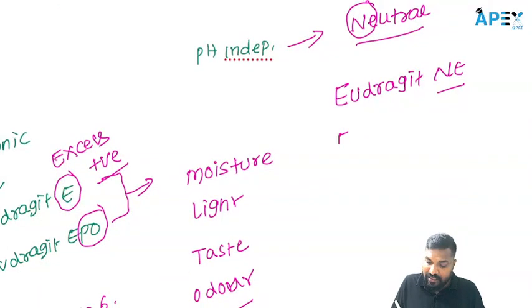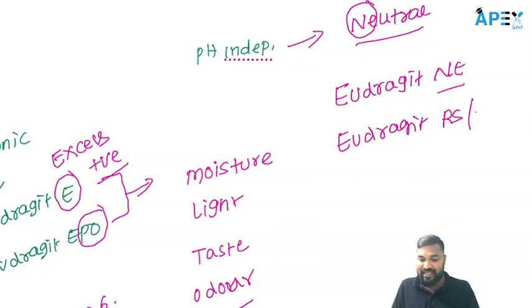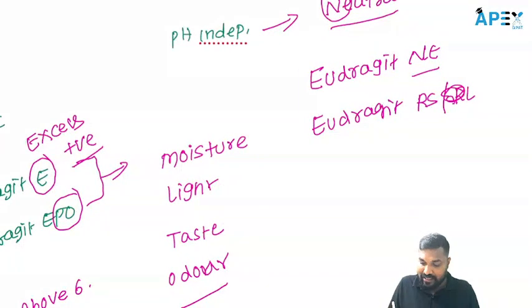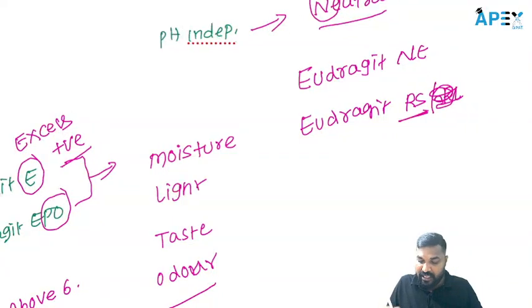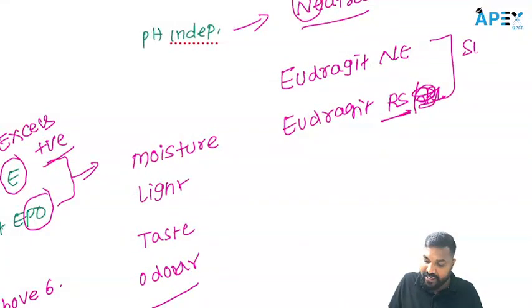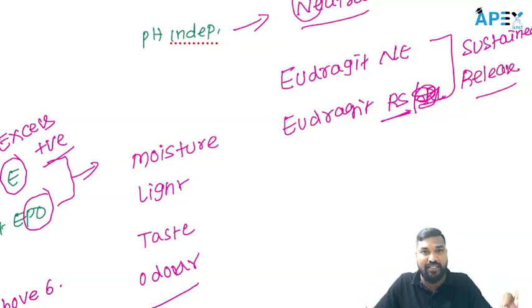Or else their name contains Eudragit RS or RL. Mainly remember RS, that is for sustained release. Eudragit NE neutral and Eudragit RS, both are for sustained release. If I want to prepare a sustained release tablet, I can use Eudragit NE or Eudragit RS.